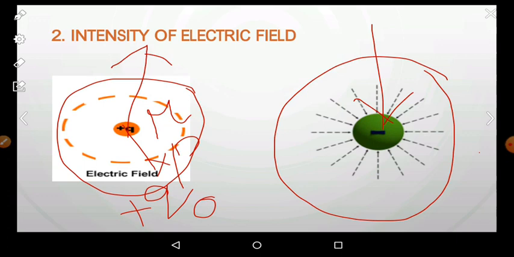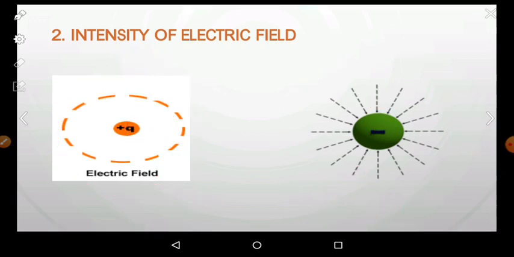Even here we can take any other point P which is at a distance R and place a charge plus Q naught. Here we have the force of attraction and here we have the force of repulsion. As it is positive, it has a force of repulsion, and as it is negative, it has a force of attraction. Now we are going to calculate what is the force between the two charges.